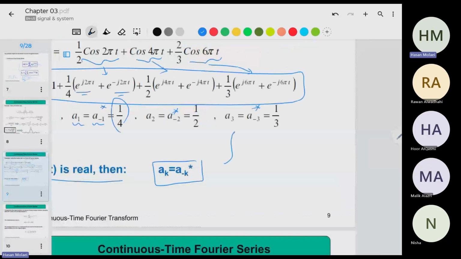Do you remember how we wrote x, the sinusoidal form of Fourier series? Yes, we wrote it like this.